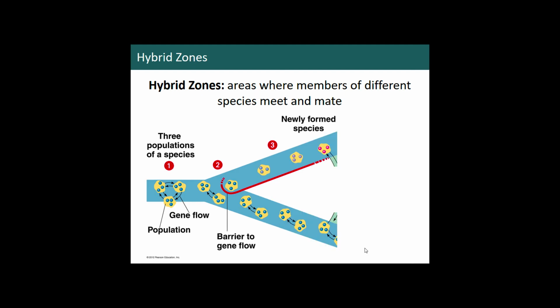If that happens for a long enough period of time, now we're going off on our separate pathways. This population might become completely different from these 2 populations, which are still exchanging genetic information. And so the hybrid zone would be a place where these 2 populations are able to come back together.